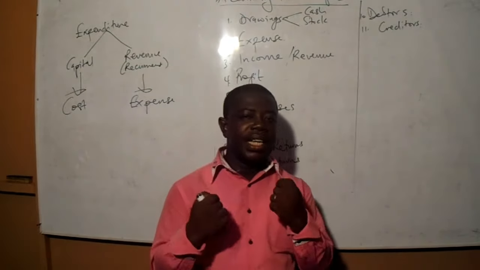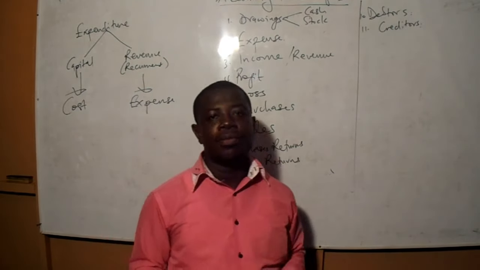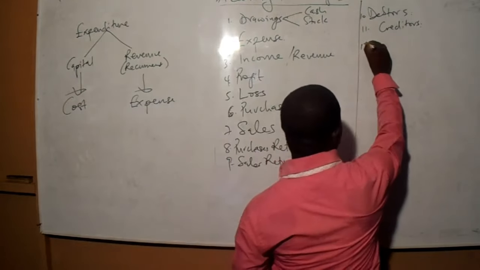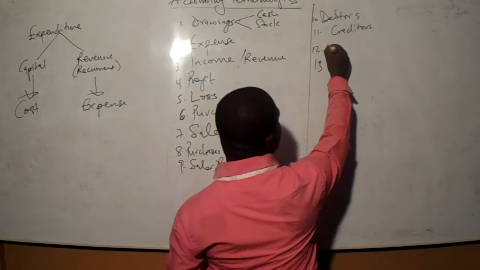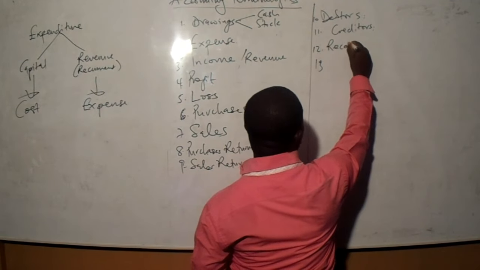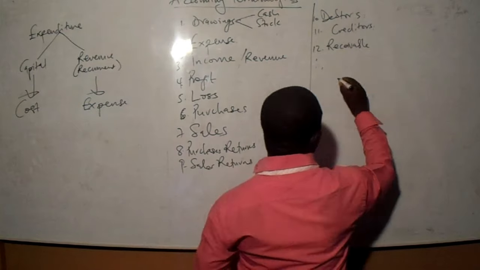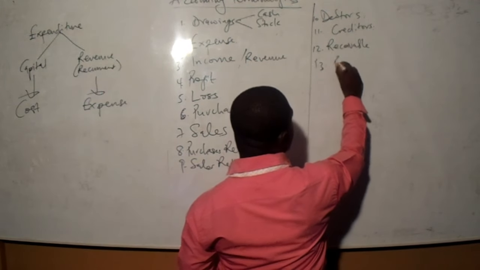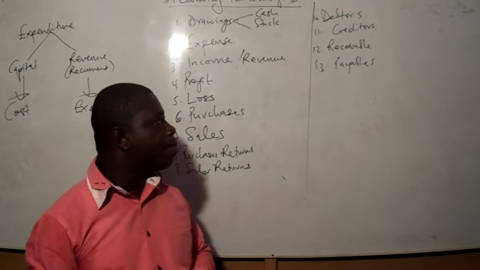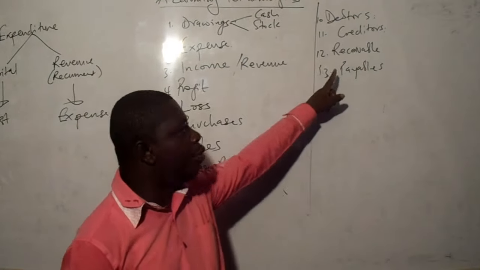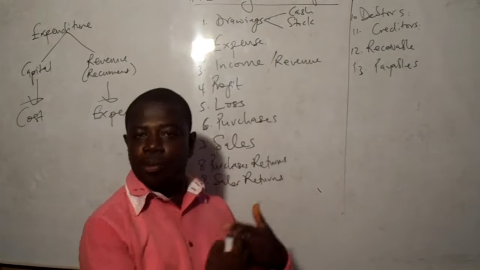The monies that the debtor owes, or we owe to the creditor, are also termed. The debtor's money that he owes to the business is termed as receivable. And then we have payables for the money that we owe to the creditor. So receivables are monies that are due from debtors.